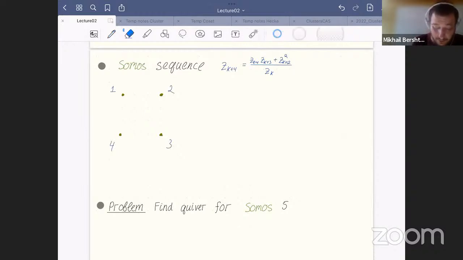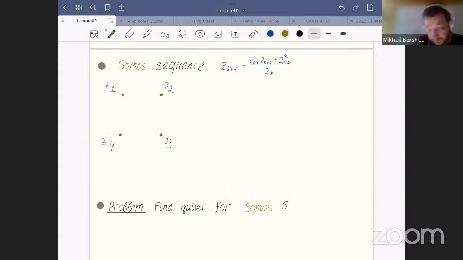Assume that we have variables at each of these vertices, z1, z2, z3, z4, and now we want to define z5. The recurrence relation has the form z5 times z1 is equal to some binomial. It means that we should mutate at vertex number 1.